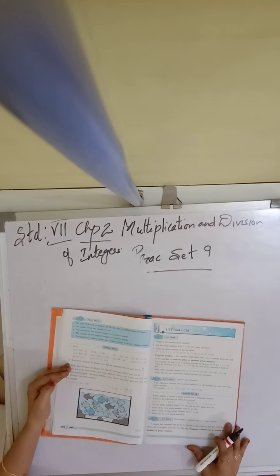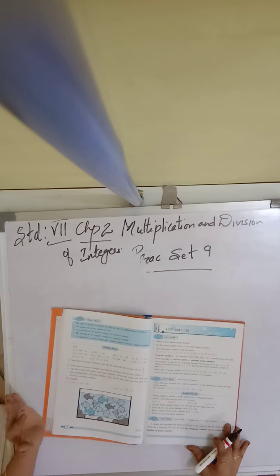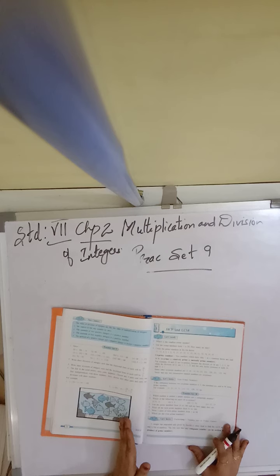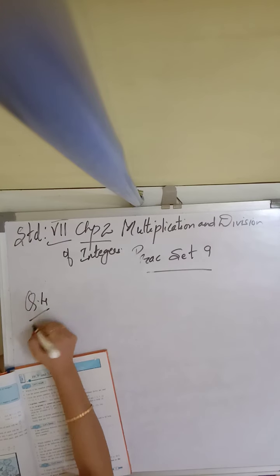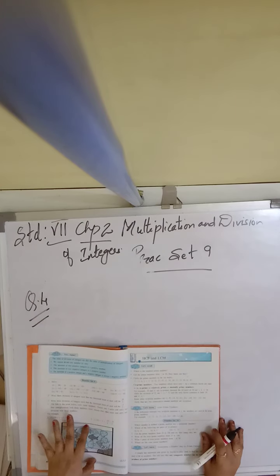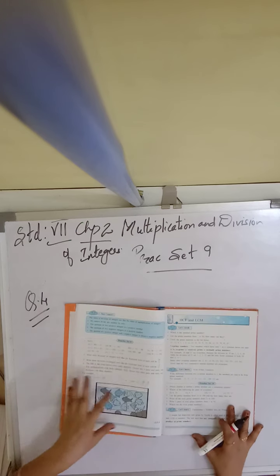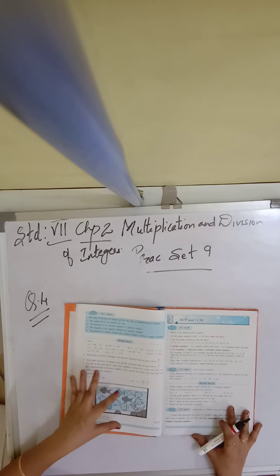So they are asking us to frame 4 pairs of multiplication and 4 pairs of division questions. We have to frame our own questions and then solve them also. I am giving one example, but when you are solving this question, children, I want you to draw this fish tank in your classwork book.